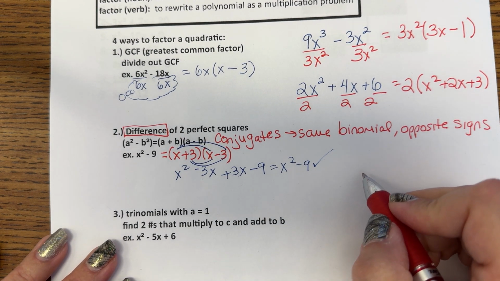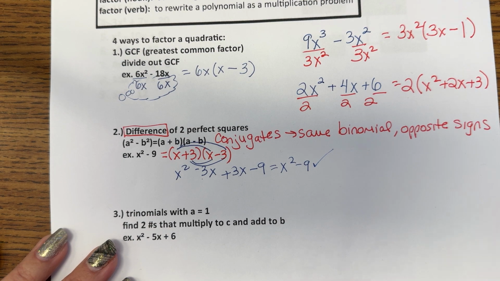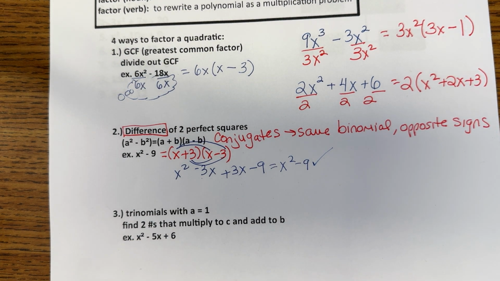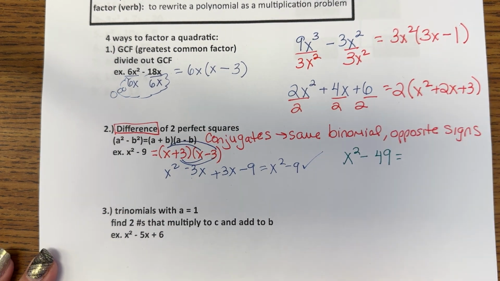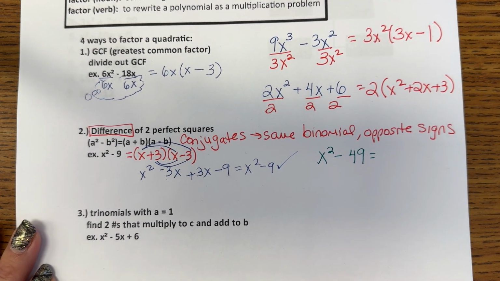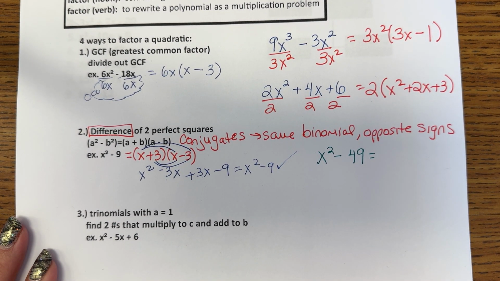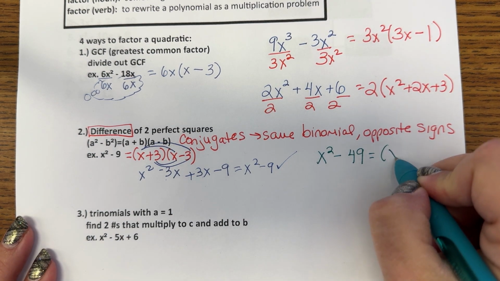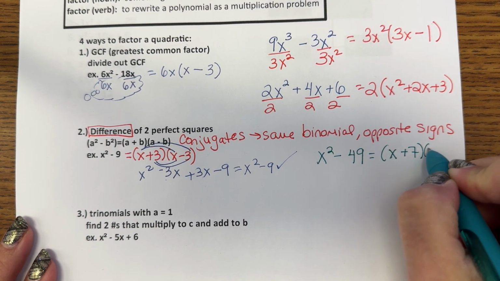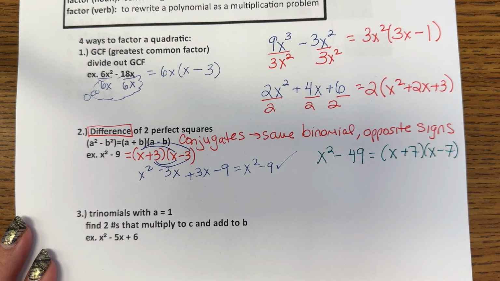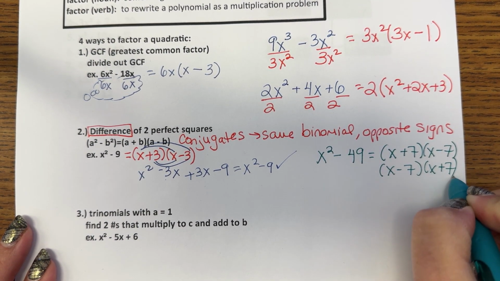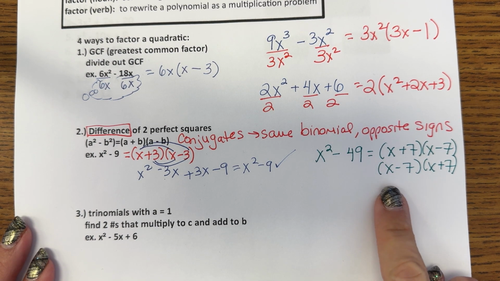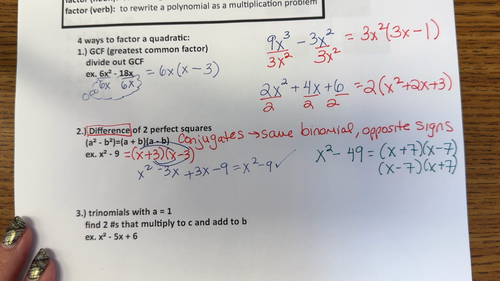All right, let's try another one. I want you to try, let's do x squared minus 49. What does that factor to? You should say x plus 7, x minus 7. If you wrote x minus 7, x plus 7, that's absolutely fine. It's the same two terms multiplied, just in a different order.